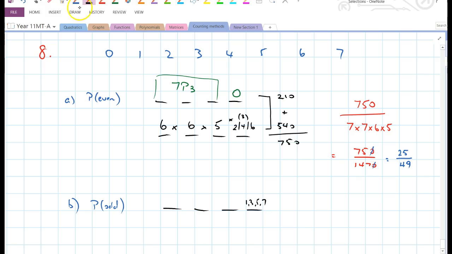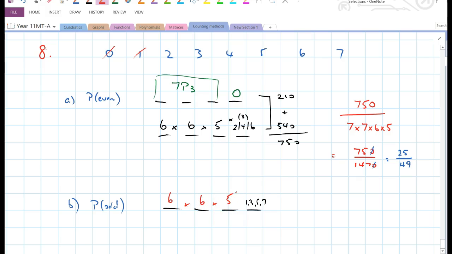And then in the other spots, I cannot have 0 in the first spot. So after I've taken out my 1, 3, 5, or 7, let's say I've taken out the 1, I'm also now going to take out the 0 because that's not an option for the first slot. So 1, 2, 3, 4, 5, 6 options available here. I now have the same number of options because 0 comes back into play.